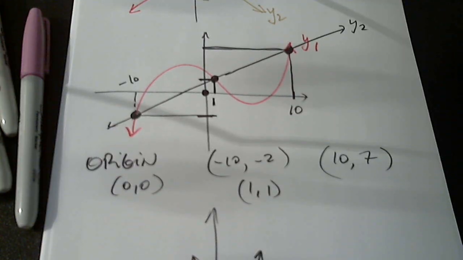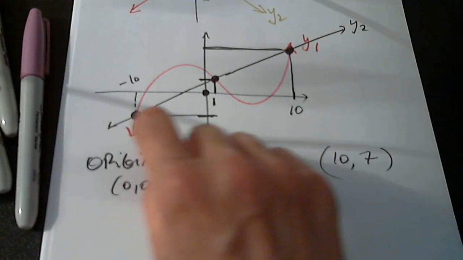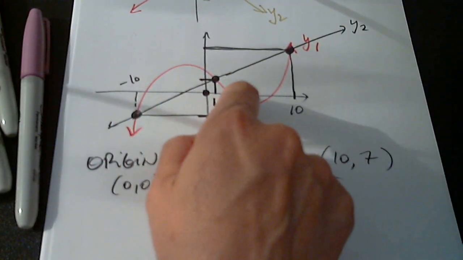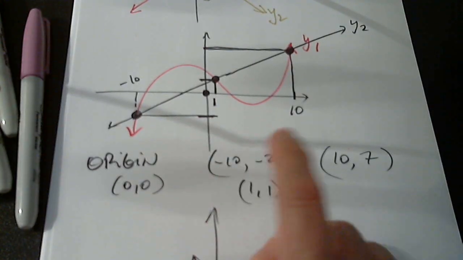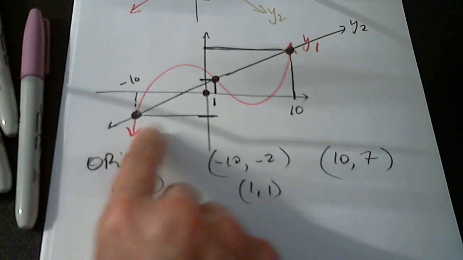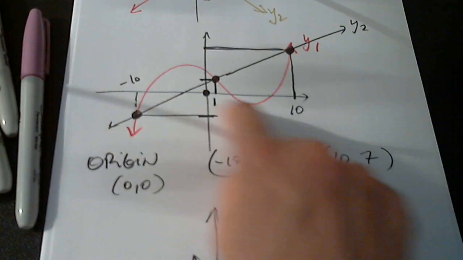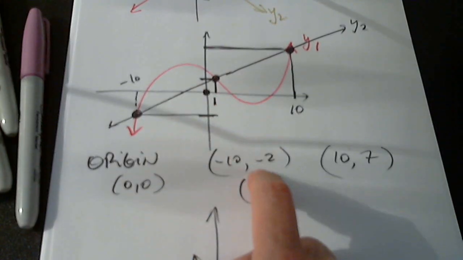So look what we wrote here. For x equals negative 10, y2 and y1 are both the same value. Right here, y2 is negative 2, and y1 is also negative 2. That's why this is a point of intersection.